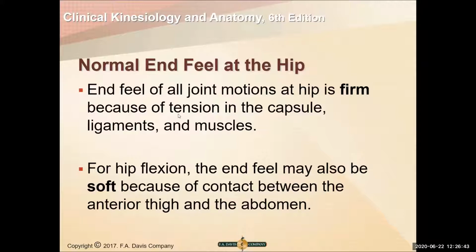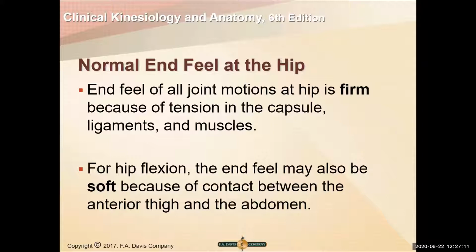So here we go, talking about what our normal end feels are, right? Normal end feel of all motions of the hip is firm, asterisk, right? So what is firm again? Do you remember what firm end feel means? Or springy end feel? That means if you push on it and let it go, what's going to happen?